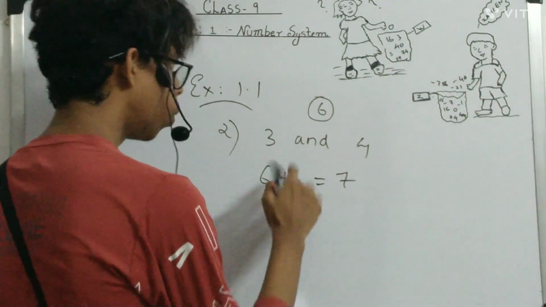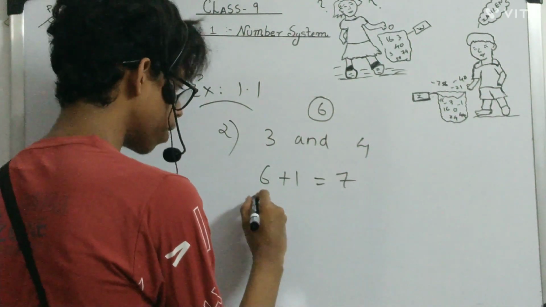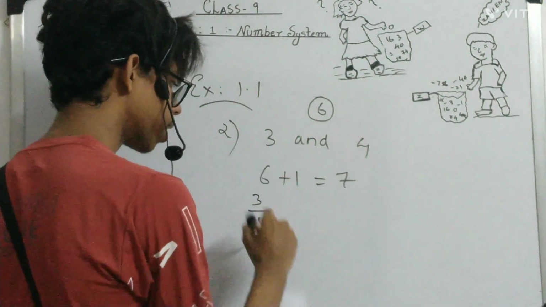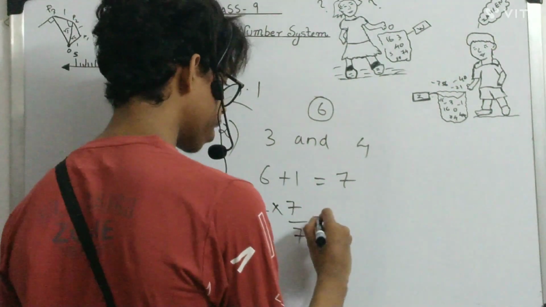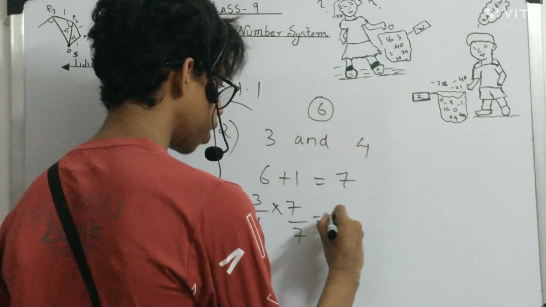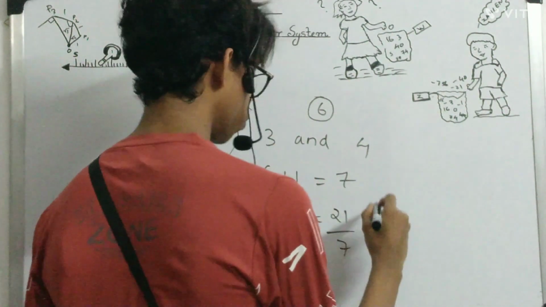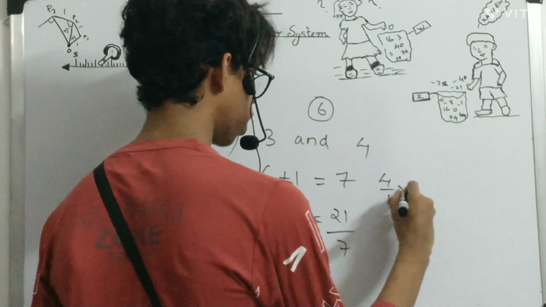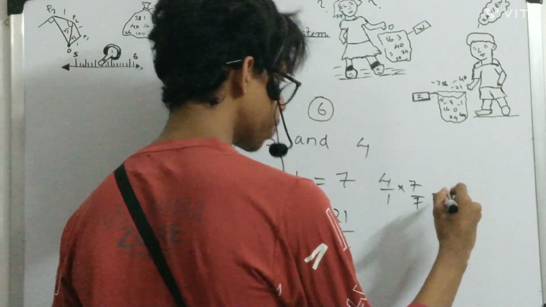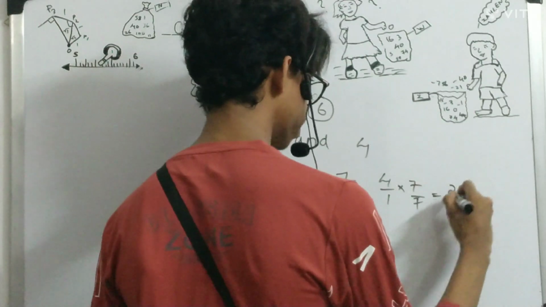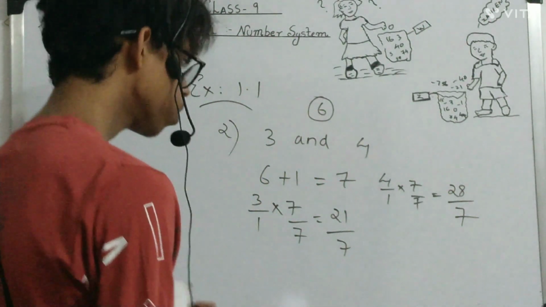Now what should we do? We have to multiply and divide this 3 and 4 with this 7. So what will I get? 3, I can write it as 3 by 1 into 7 by 7. Multiply and divide it with 7. So I will get 3 sevens are 21, by 7. Here also 4 I will write it as 4 by 1 into 7 by 7. So here also 4 sevens are 28, by 7.